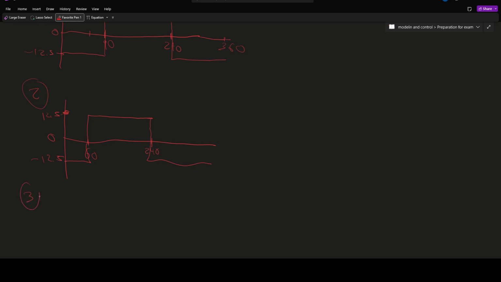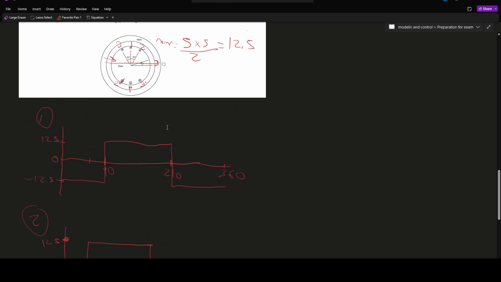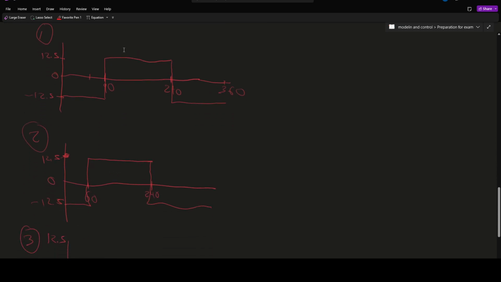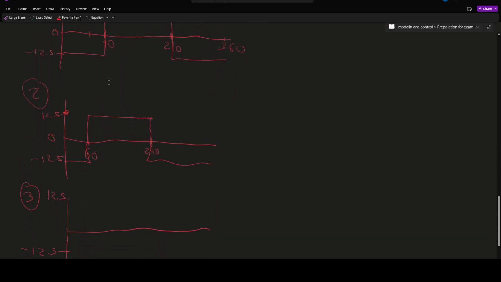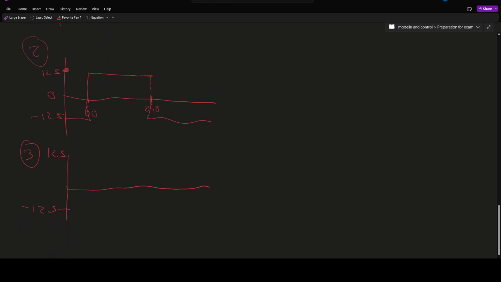And we do the same for the third coil, but the third coil, instead of being 30 degrees behind coil 1, is 30 degrees in front of coil 1, so 90 plus 30.